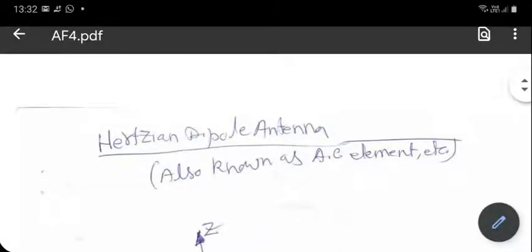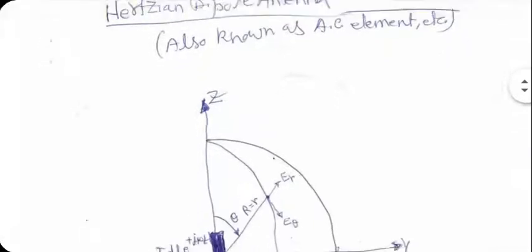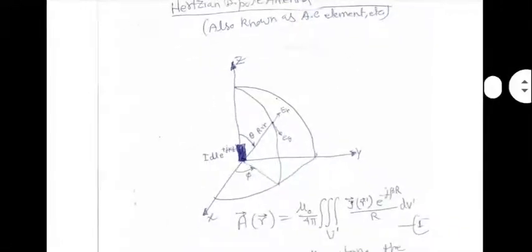It is known as an AC element, Hertzian dipole, etc. We will assume that it is at the origin of the coordinate system. One end perfectly at the origin, the other end slightly above the origin, and we assume that the thin piece of wire is lined up along the z-axis. That's the assumption we are going to make.